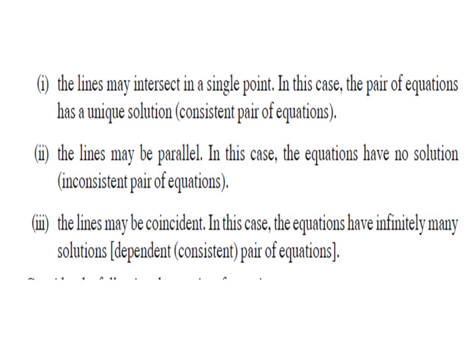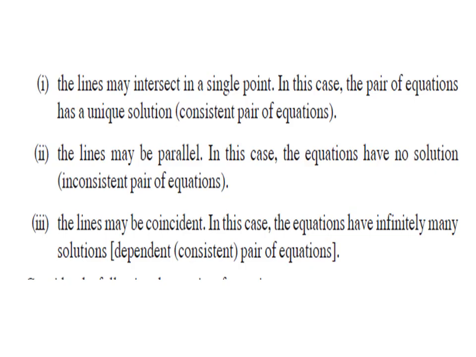Now we can summarize the behavior of lines representing a pair of linear equations in two variables. Lines may intersect at a single point. In this case, the pair of equations has a unique solution, that is, a consistent pair of equations.